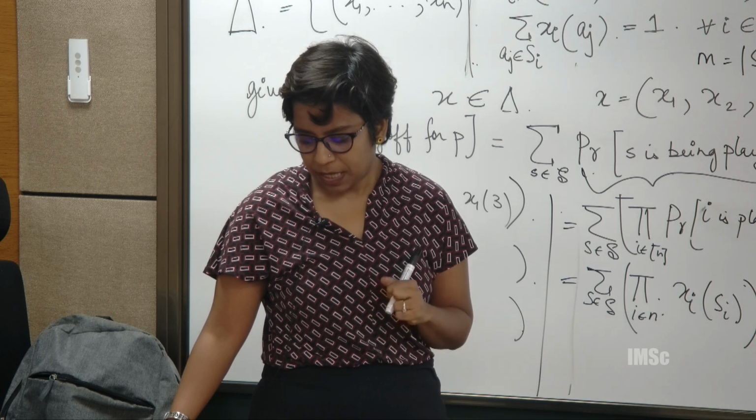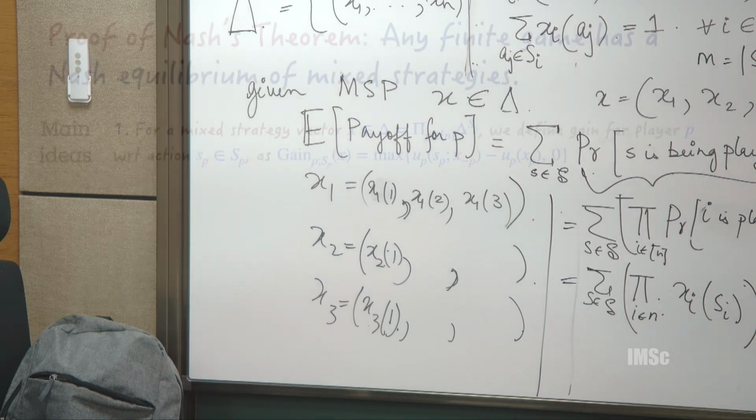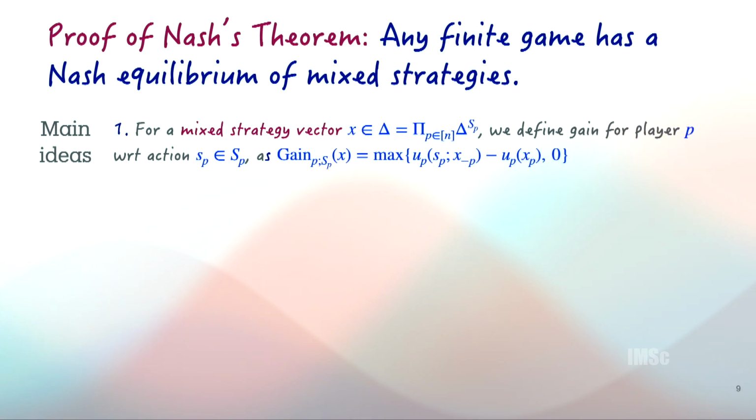So let's say for a mixed strategy x and a player P and an action available to that player P, I will define this quantity called gain with respect to P, for every individual player P and for every individual action s_P with respect to x. I define this quantity.